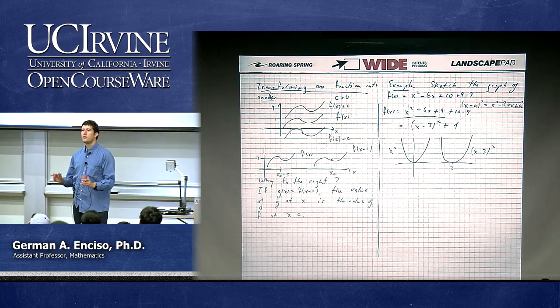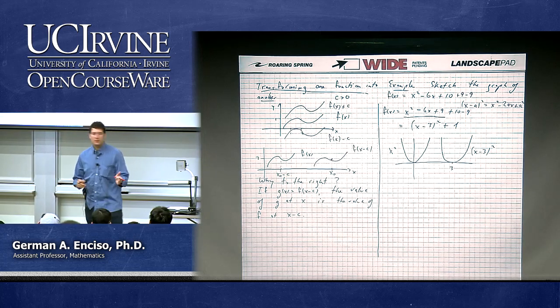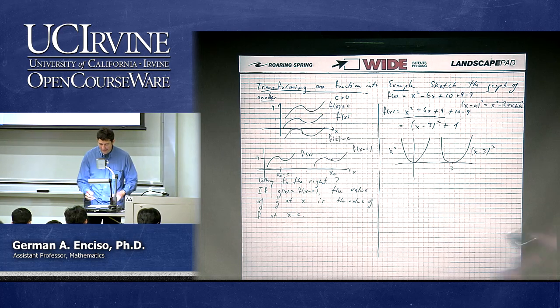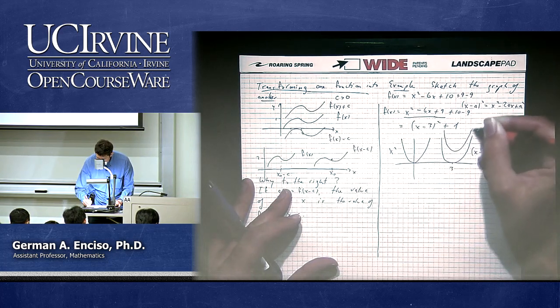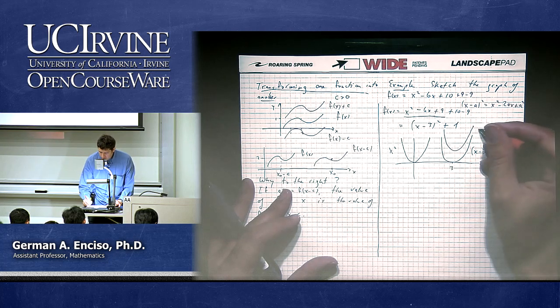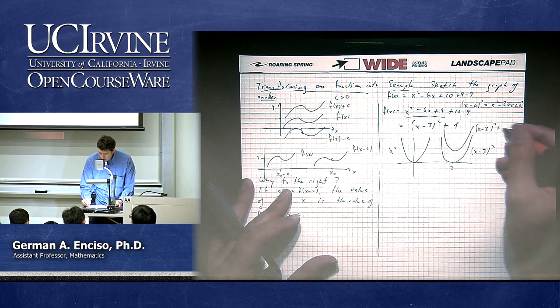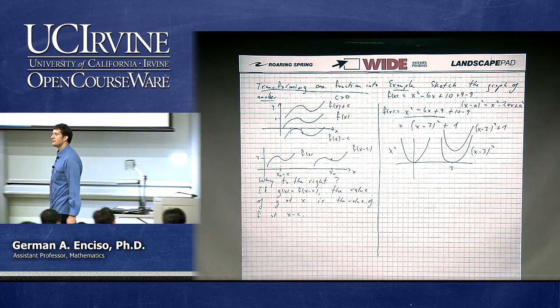Everybody agrees? We've shifted it to the right by 3, right? And now we're going to add 1 to the whole thing. So it becomes x minus 3 squared plus 1.